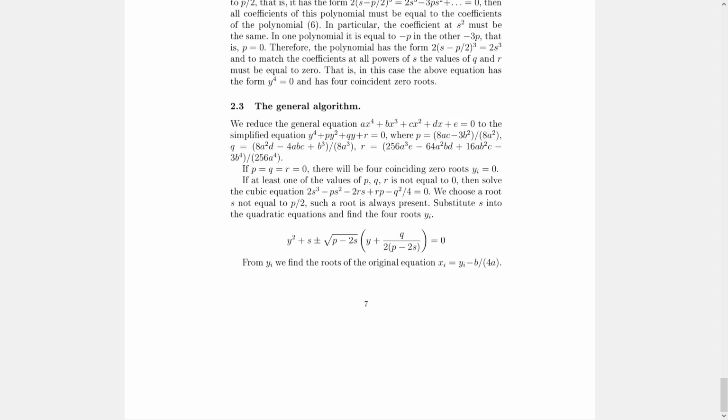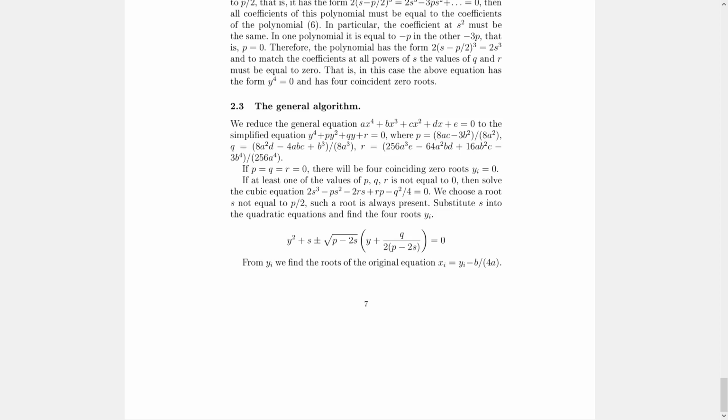The general algorithm. We reduce the general equation to the simplified equation y to the power 4 plus p y squared plus qy plus r equals 0, where p, q, r can be calculated using the following formulas. If p, q, r are all equal to 0, there will be 4 coincident zero roots, y equals 0.